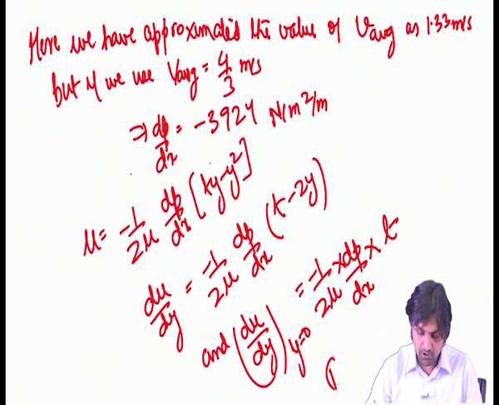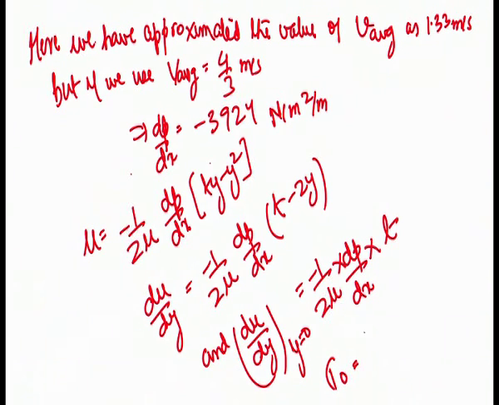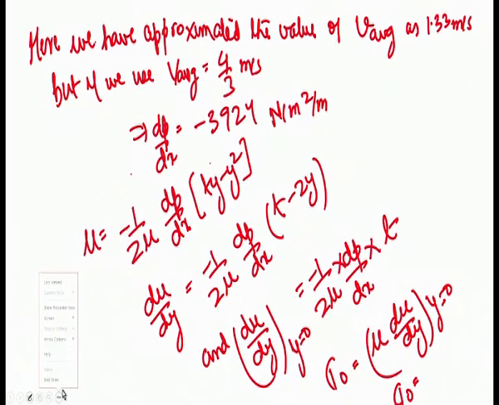For tau naught at the wall, it is going to be mu du by dy at y is equal to 0. This tau naught I will solve on the next sheet.